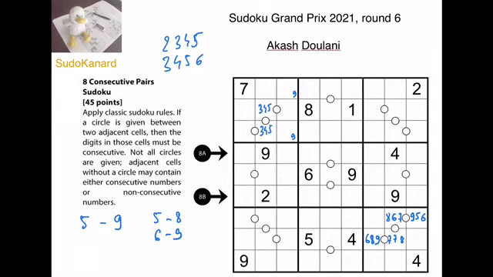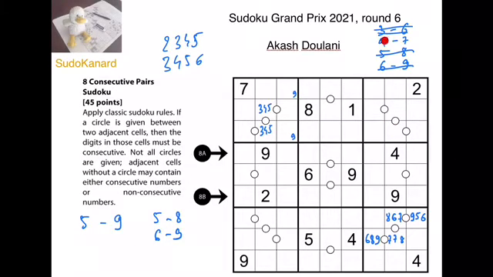So it can't contain a 2, so it's either 3 through 6, 4 through 7, 5 through 8, 6 through 9, but in either of those last cases, there would be a 7 here. So we can rule out those two options. And 3 through 6 would put a 4 here. So this one is impossible too.